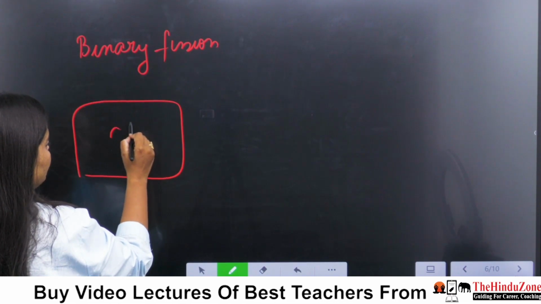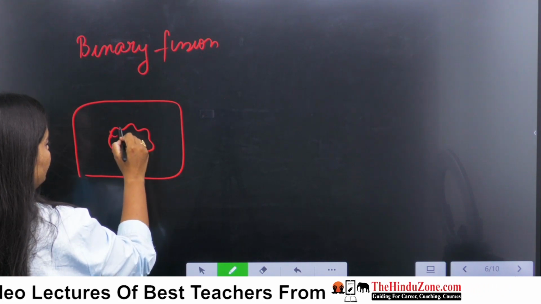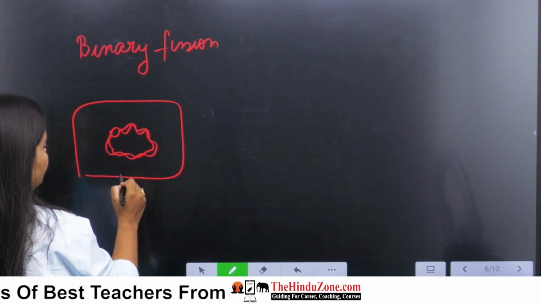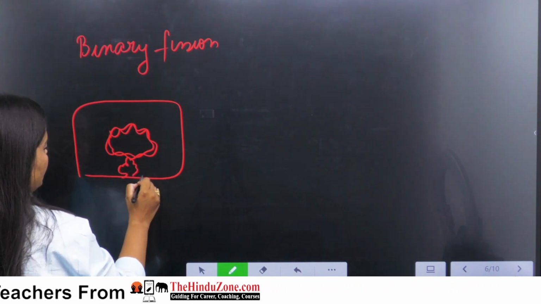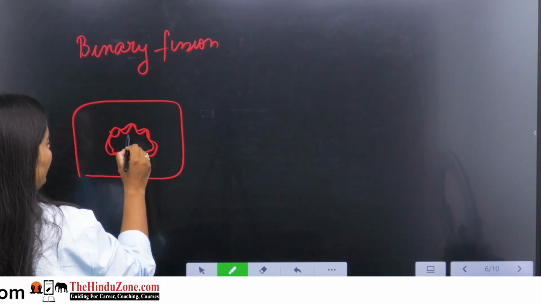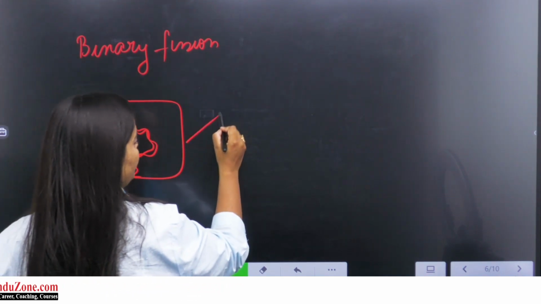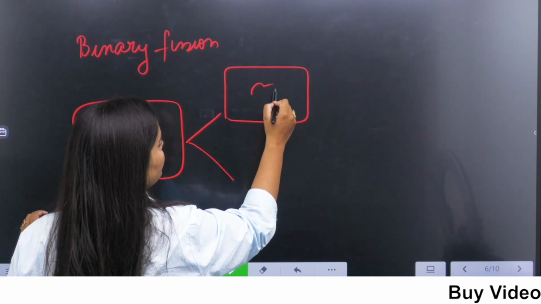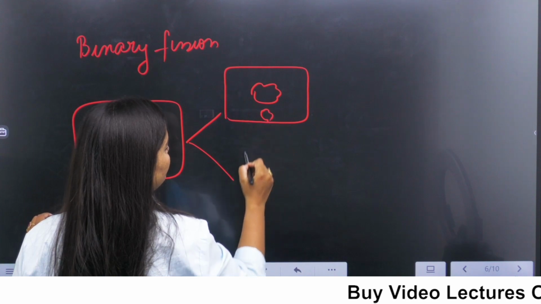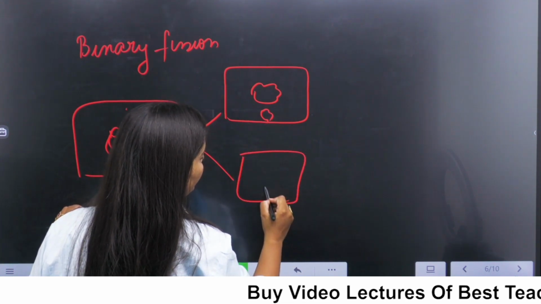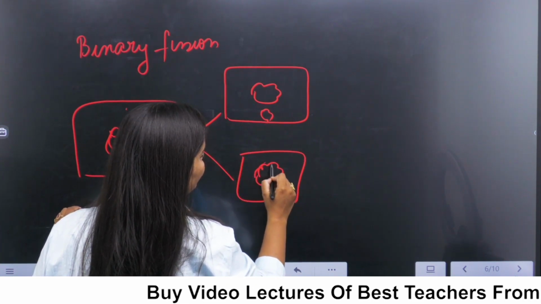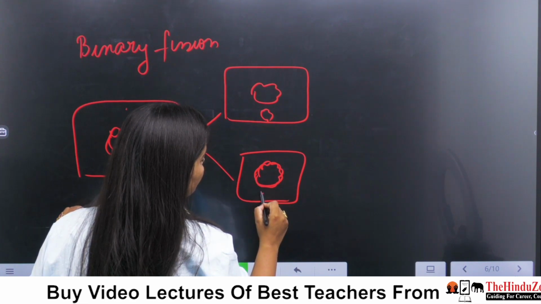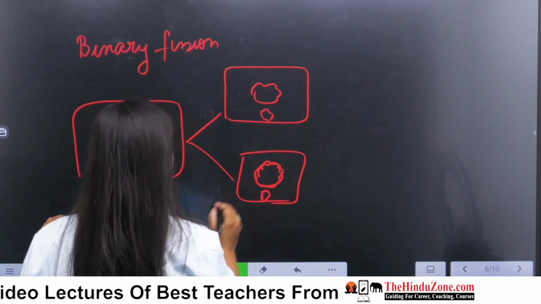This is the nuclear material of this cell, and see, this is the mesosome present. This mesosome is helping in the process of binary fission. Now when the nuclear material divides, the cell will also divide into its respective daughter cells.